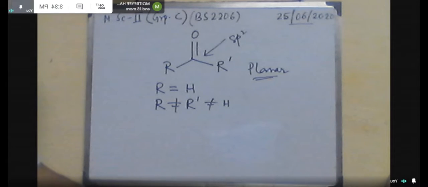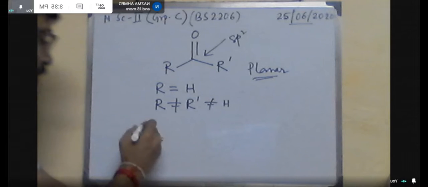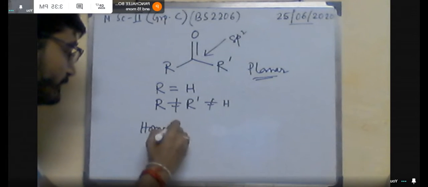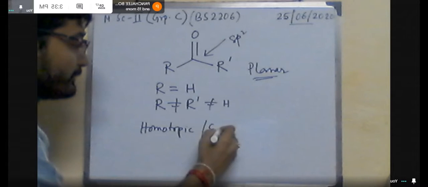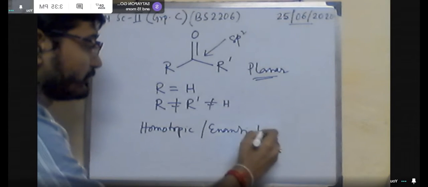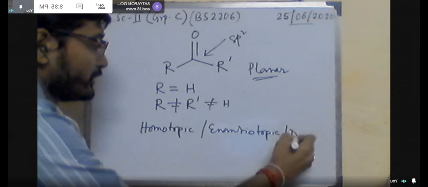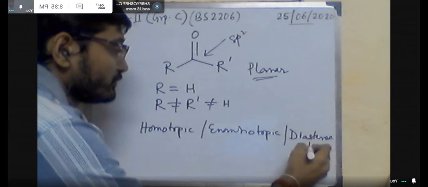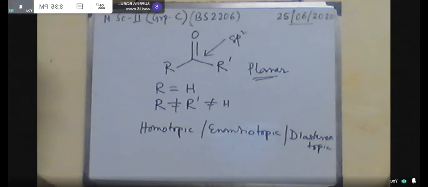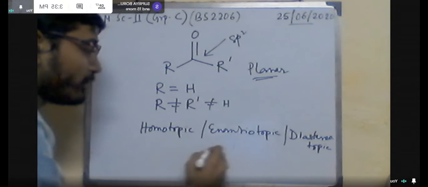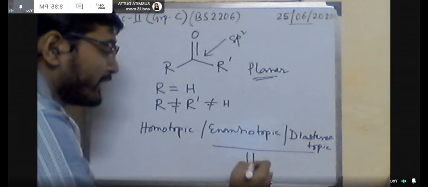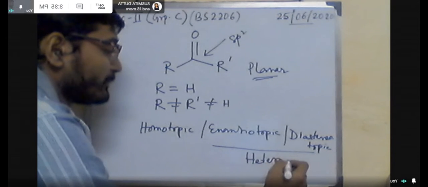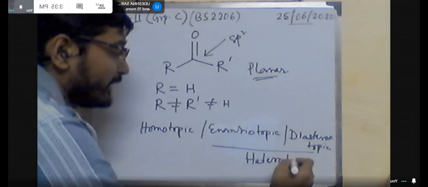Generally there are a few terms like homotopic, enantiotopic, diastereotopic, or we can split it into homotopic or heterotopic. Generally enantiotopic and diastereotopic are the classes of heterotopicity. So I am not discussing the topicity of substituents here.